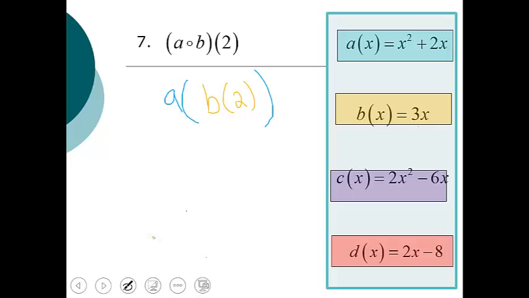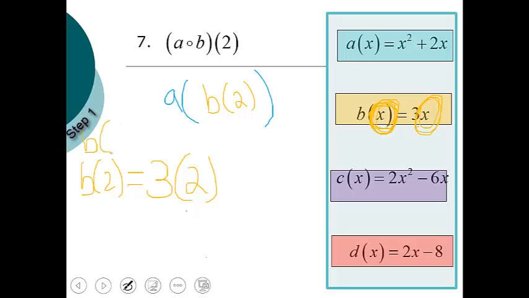So I say b of 2 equals, so I look at this, my x here is becoming 2, so that means this is going to be a placeholder 3 times your 2. What I tell people is, you think of b of something equals 3 times whatever that something is.